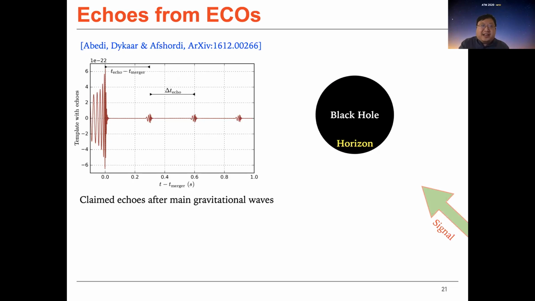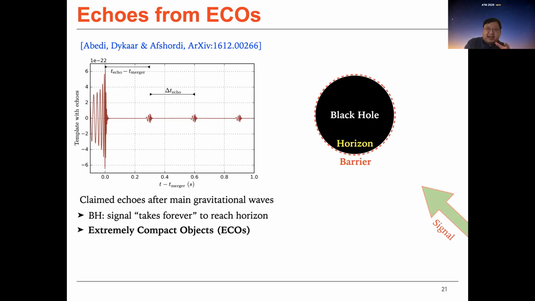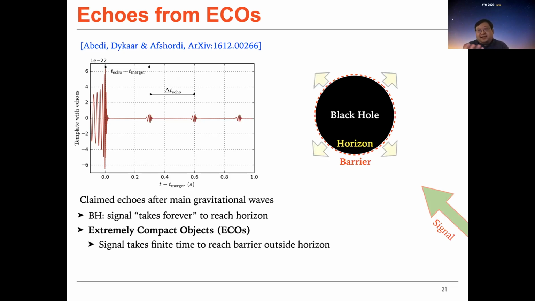Their explanation is that if you have some gravitational wave that propagates towards the final horizon, and the black hole is not a true black hole but has some kind of surface corrections near the horizon, maybe these waves can be reflected from that barrier.